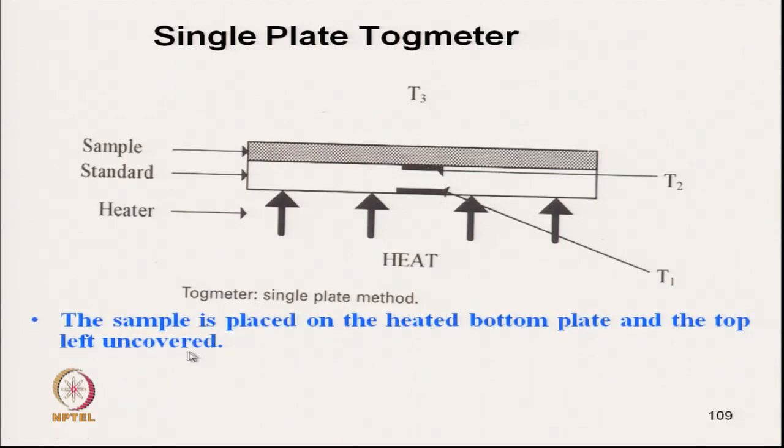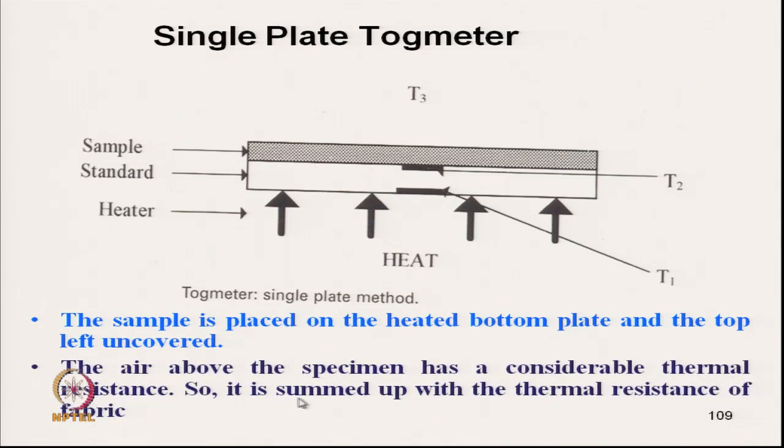The sample is placed on the heated bottom plate and the top is left uncovered. The air above the specimen has a considerable thermal resistance. So, what we measure here is the summation of the insulation of the fabric and air.